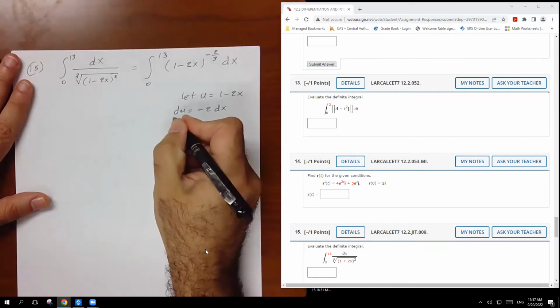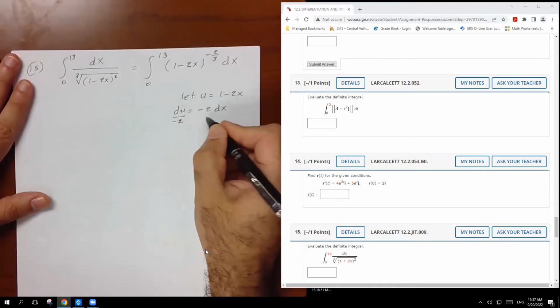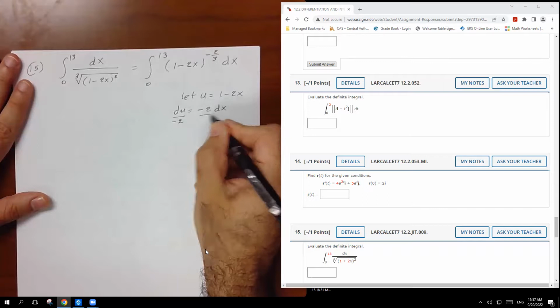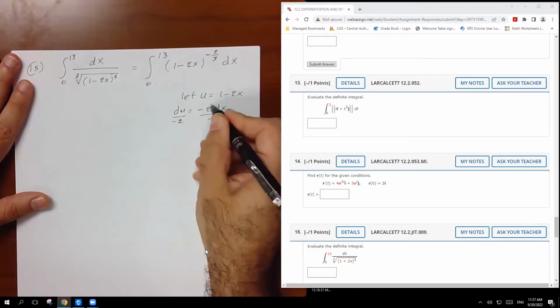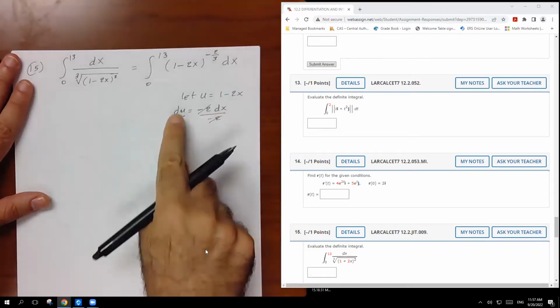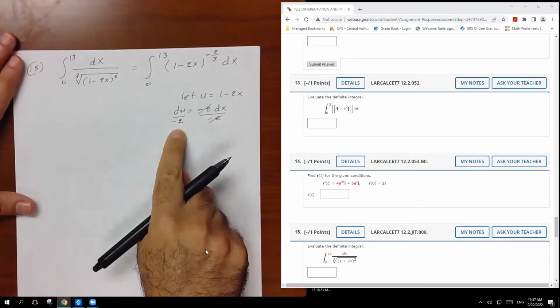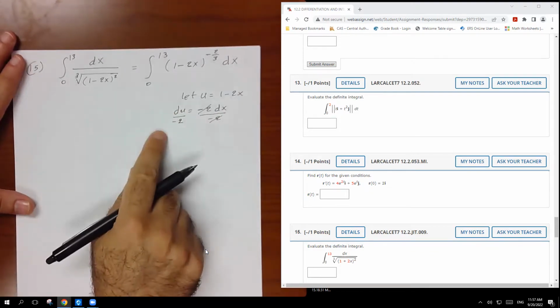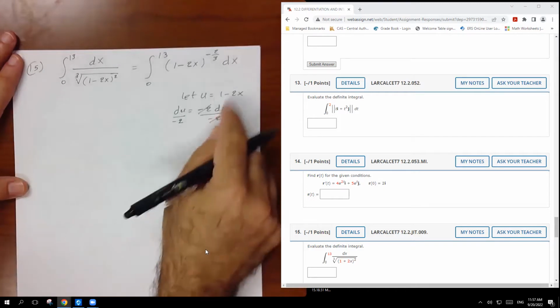So I'm going to say this is by 2, and this one is by 2, by negative 2. Cancel this one with this one. That means dx is going to be du over negative 2. So what I'm going to do now, plug in everything here.